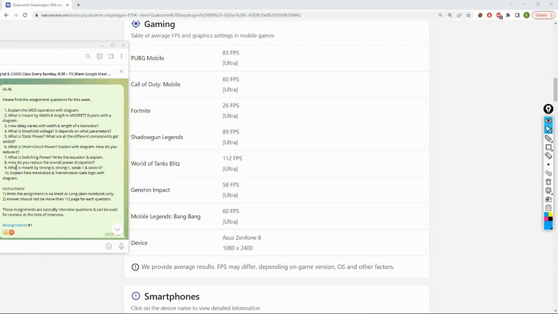Okay, the next one is basically what is meant by strong zero and strong one, weak zero and weak one. So we know that individual MOS transistors, say for example NMOS. So NMOS gives what? NMOS gives strong zero.